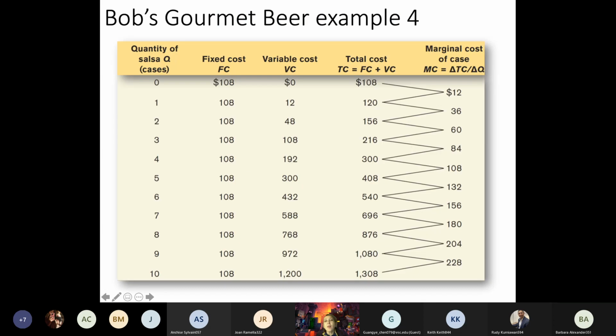So one more example. We like examples today. We're going to look at this potential production. Oh, it says salsa, and I said beer because I took an example of salsa and thought it worked better for beer.